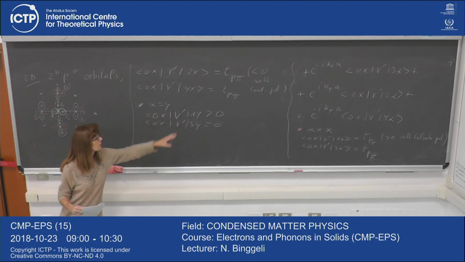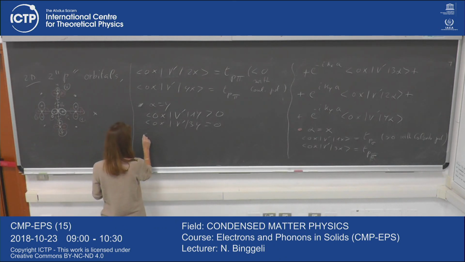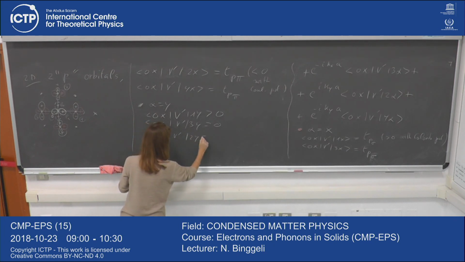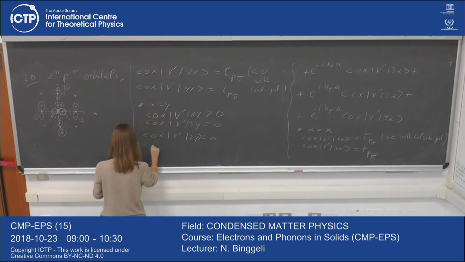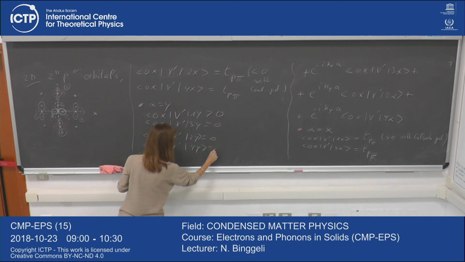So this matrix element is zero, and the same holds for the other one, because the crystal field is always even with respect to this kind of symmetry operator in your plane. Similarly, one has that the matrix elements with v prime 2y and v prime 4y are equal to 0.